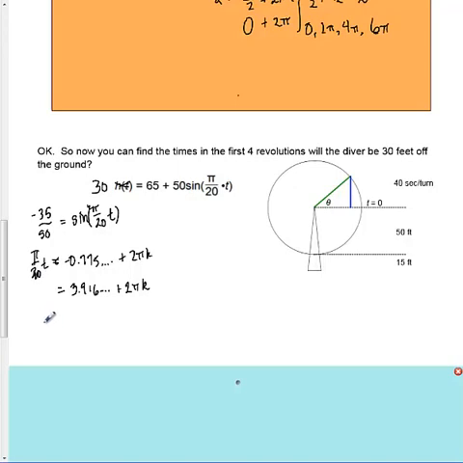So let me do a little more calculator work. And that will give me that t, when I multiply by 20 over pi, is going to be, for this first one, minus 4.93 dot dot dot.